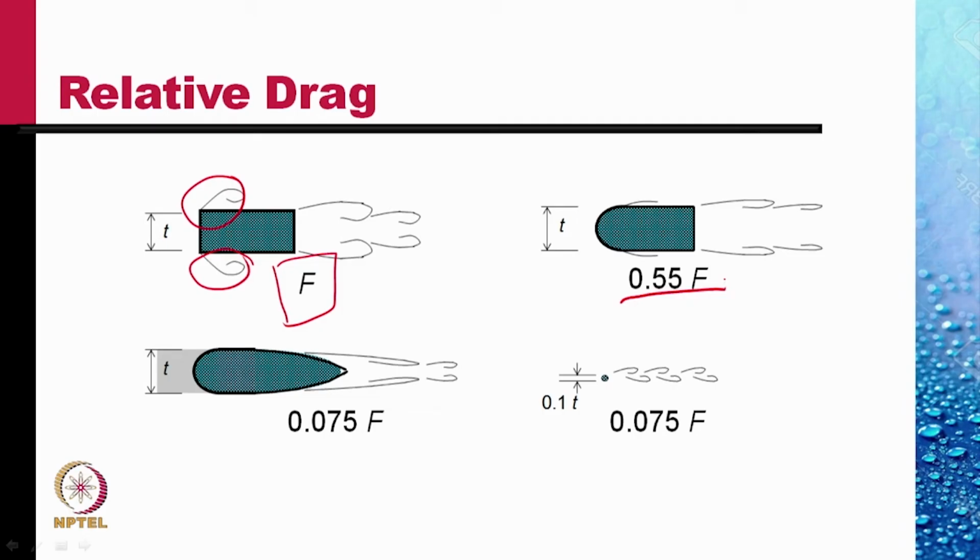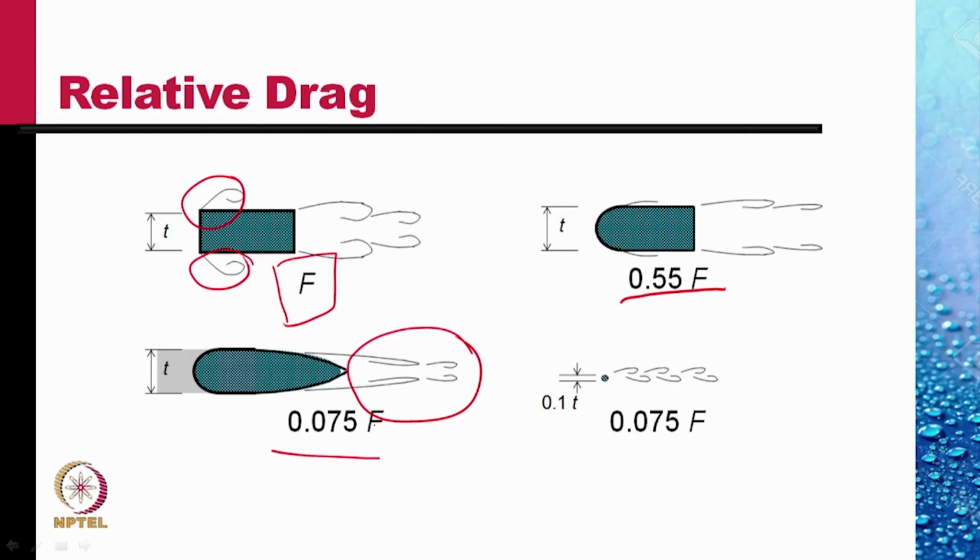In the third case, in addition to having a rounded nose, we have attached a long tapering tail. Because of this, the wake is still narrower and we get a drag which is less than a tenth of the drag in the first case.